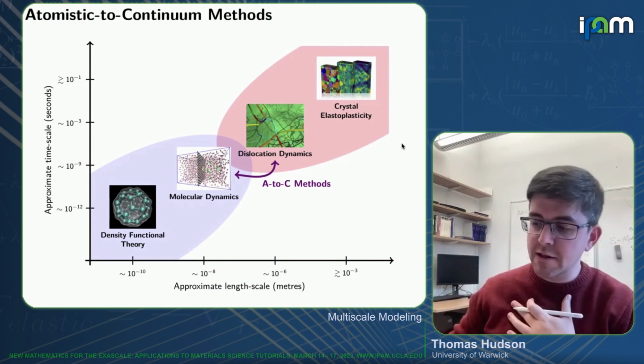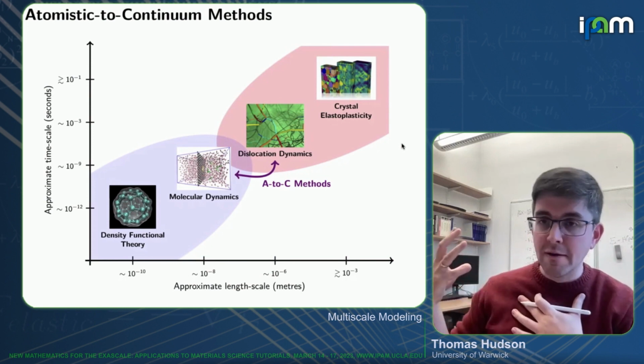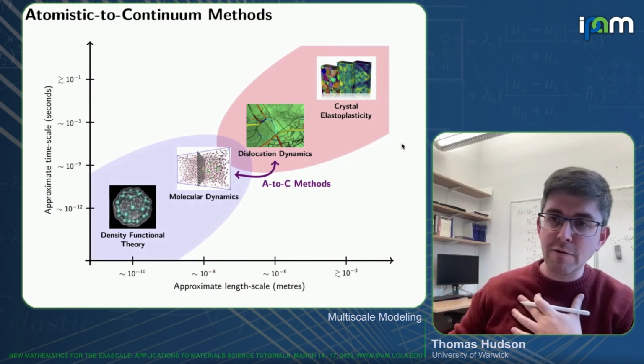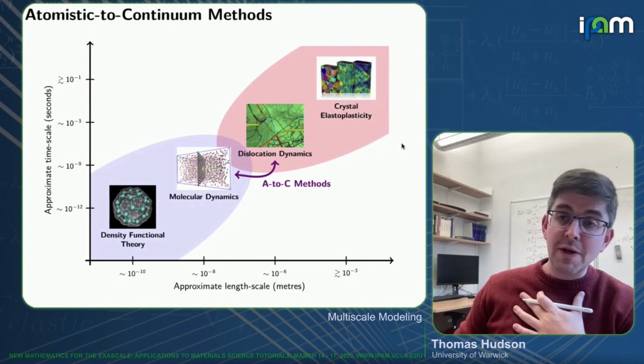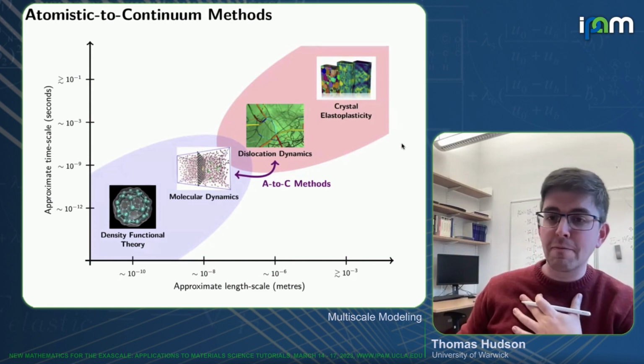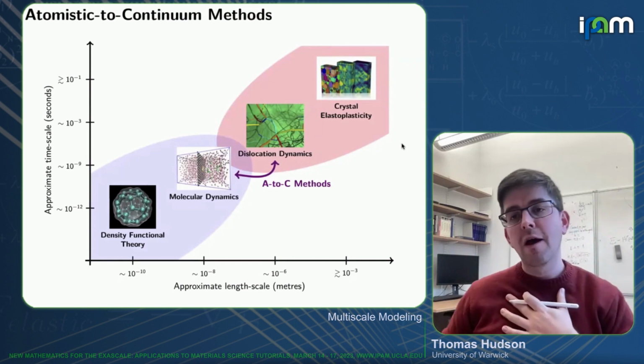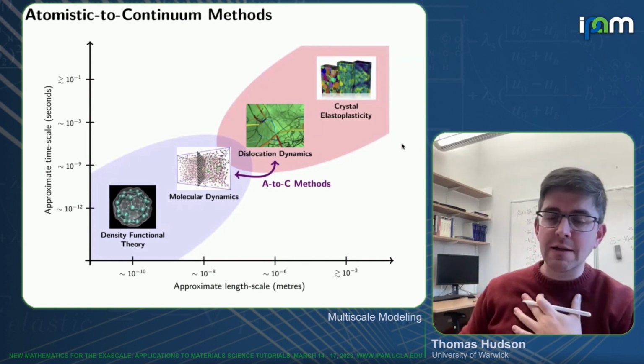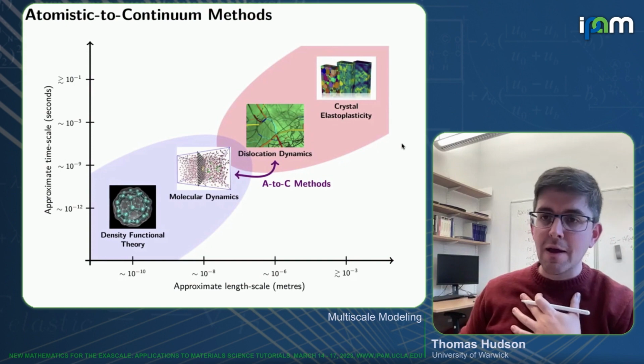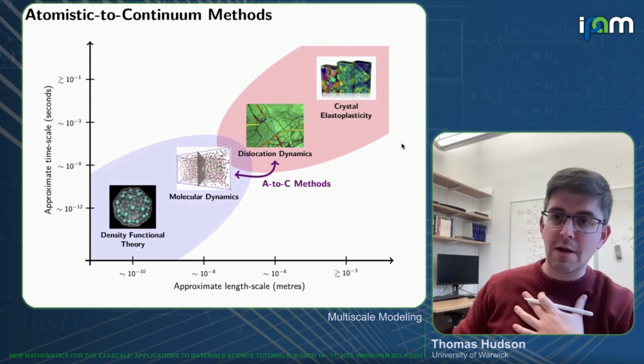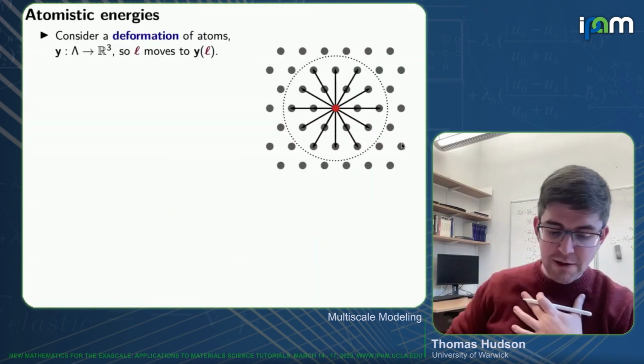So in elasticity theory, we typically have displacement fields or deformation maps to describe the positions of material points, but those are not the same thing as atoms and vice versa. And so mapping those one to the other is a challenge, but there are various ways to approach this.